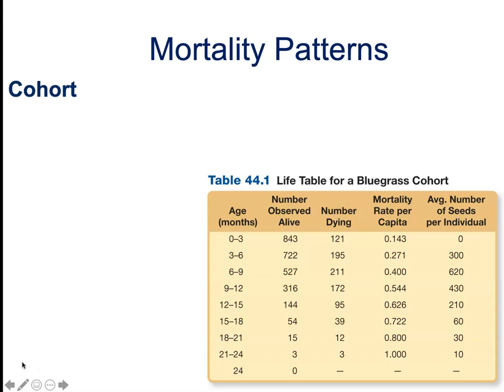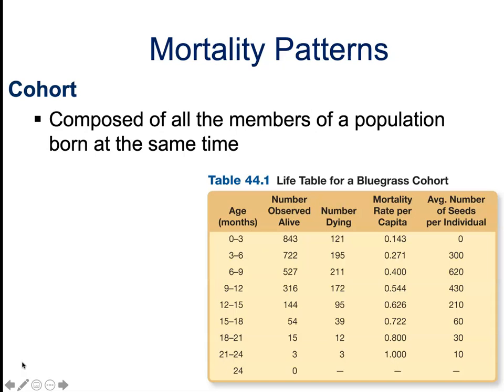So we're going to start to talk about mortality patterns. Population growth is measured by tracking a cohort, or the members of a population that were born at the same time. The mortality, or the number of deaths per capita, can be displayed in a life table like the one here. This is a life table for bluegrass.